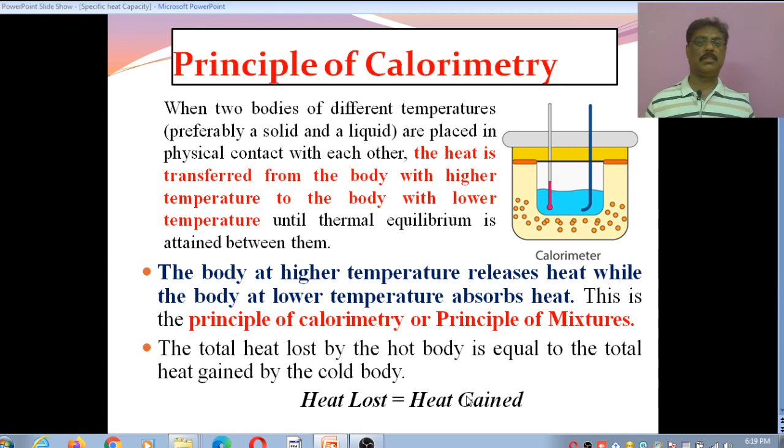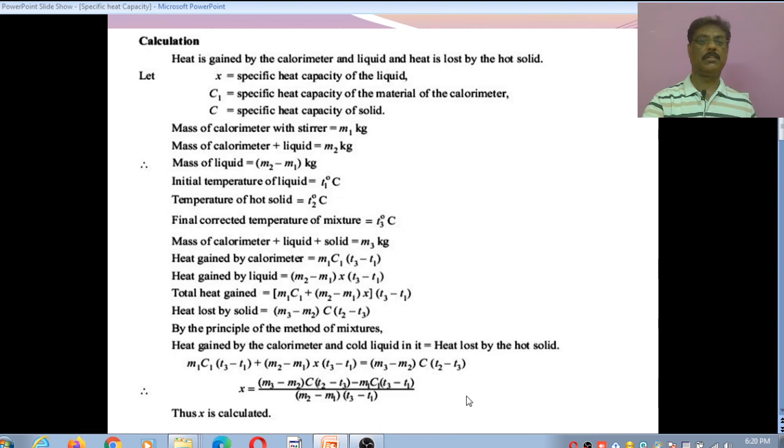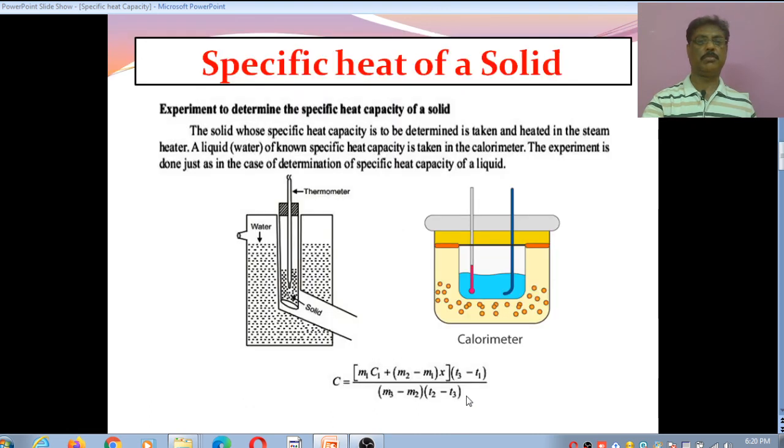We have also seen the principle of calorimetry: the total heat lost by the hot body is equal to the total heat gained by the cold body. Using this principle we determined the specific heat capacity of the given liquid, and the same procedure applied to the solid gives the specific heat capacity of the given solids.